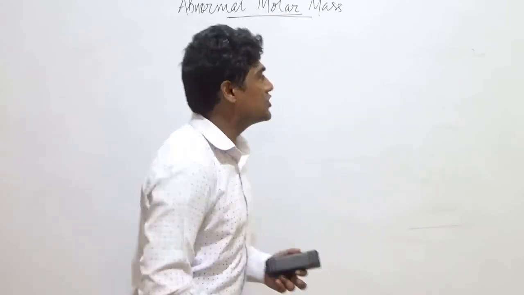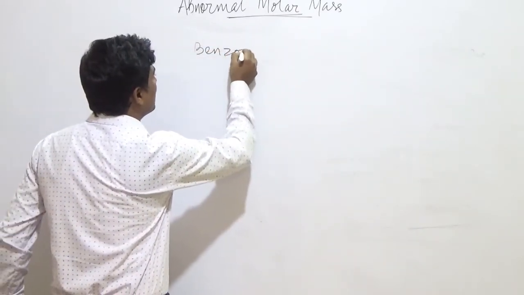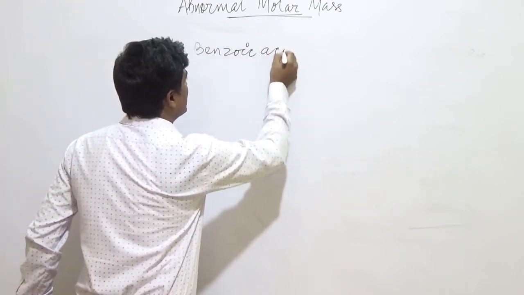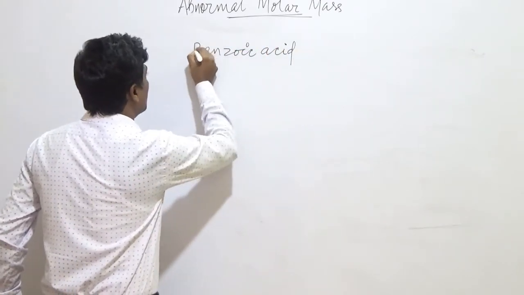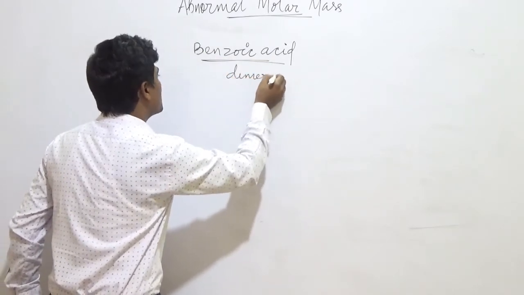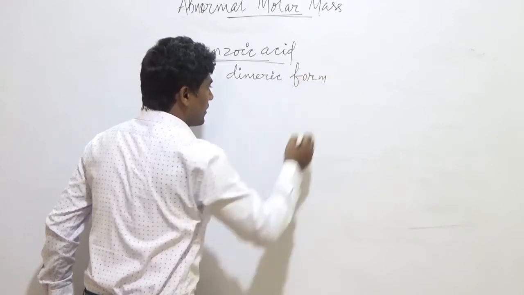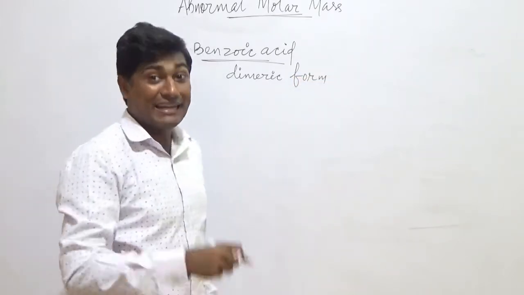For example, benzoic acid, it remains in dimeric form. Means some of the molecules remain as dimers.